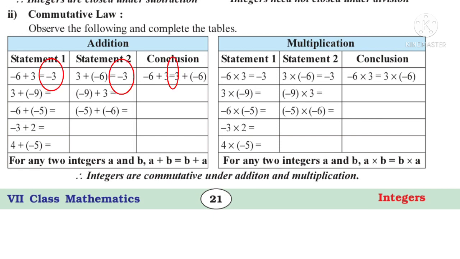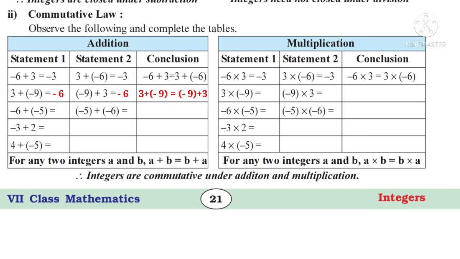So in conclusion we can say that minus 6 plus 3 is equal to 3 plus minus 6. Now in the second example take 3 and minus 9, different integers. Just add them. 3 plus minus 9 gives minus 6. Now interchange the numbers. Minus 9 plus 3 also gives minus 6. So 3 plus minus 9 is equal to minus 9 plus 3.